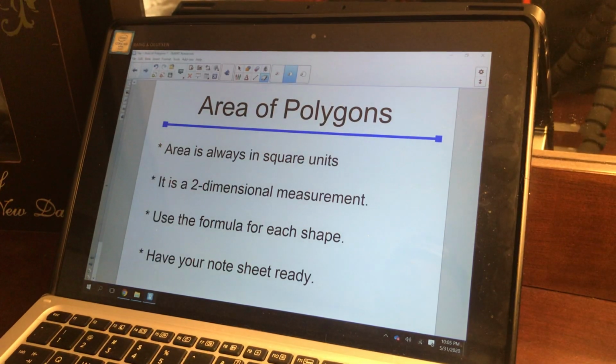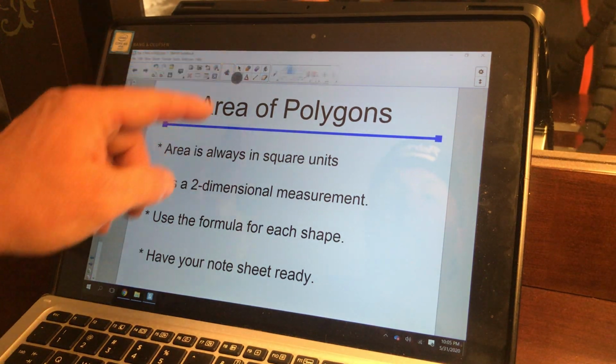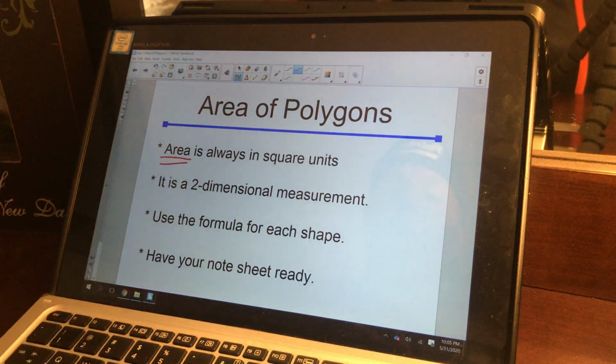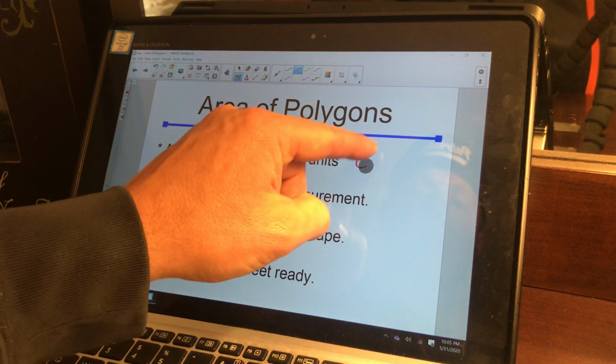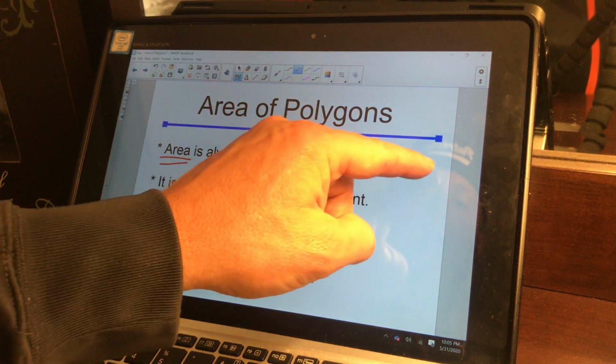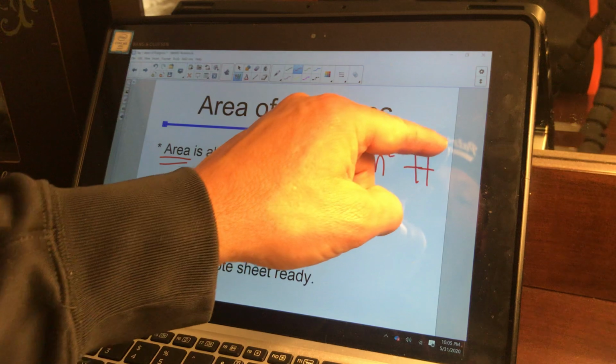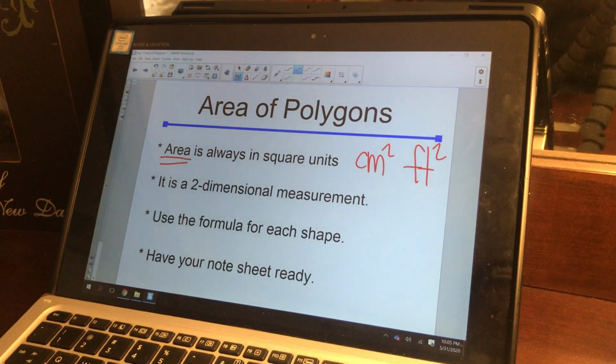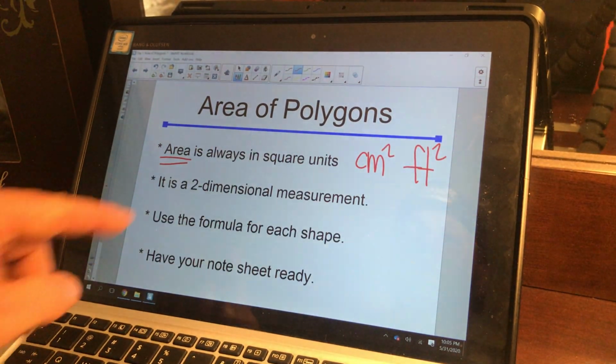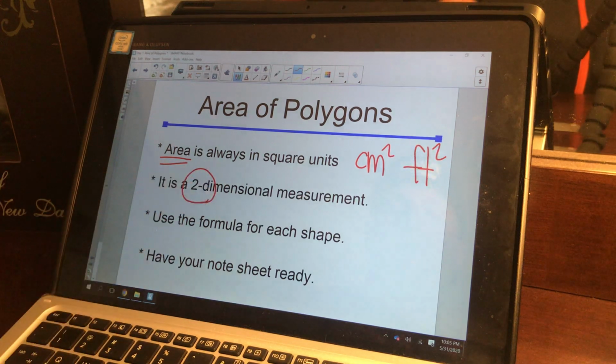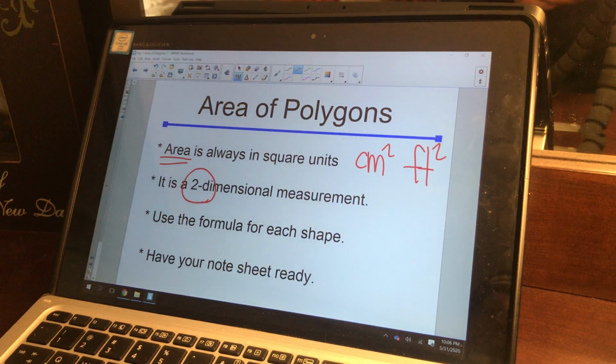So first couple things here, when we're talking about area of polygons, area is always in square units, whether that's centimeters squared or feet squared. It's always in squared units. That's because it's a two-dimensional measurement. A one-dimensional measurement would be like finding the perimeter of something.